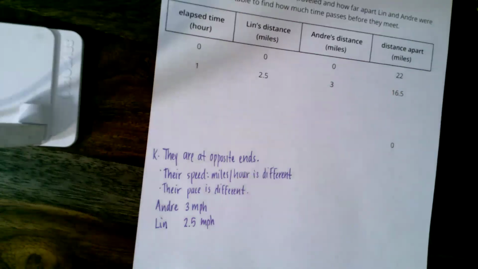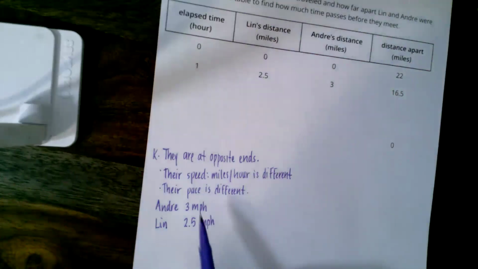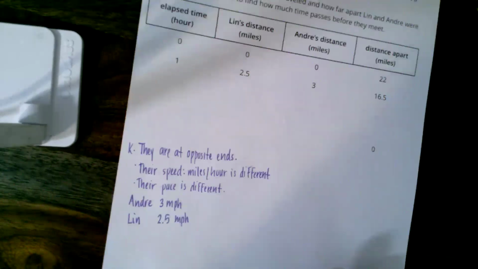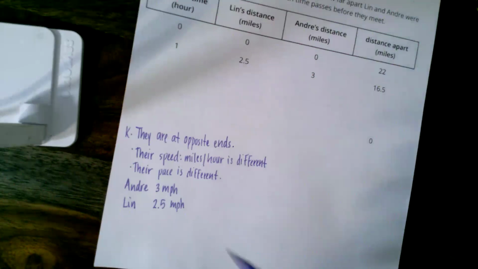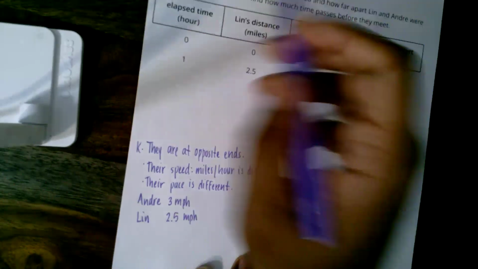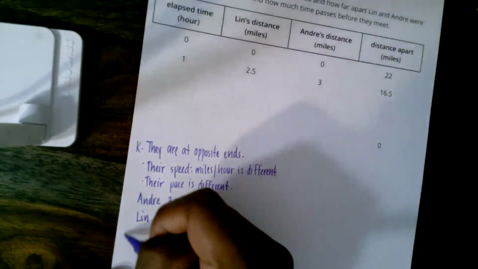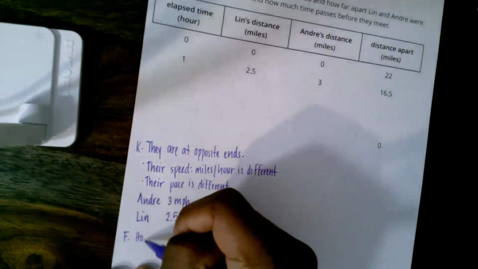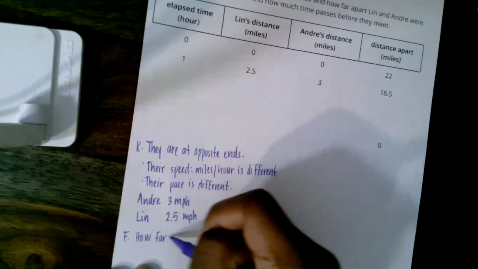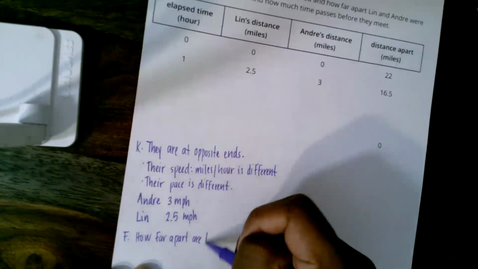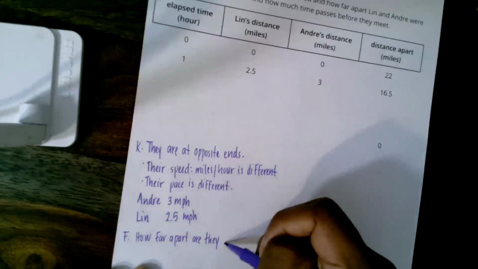Since the constant is an hour, it's clear that Andre is going faster than Lynn because Andre is going more miles in the same time. However, that's not what this is asking. This is asking to figure out how far apart are they over time.